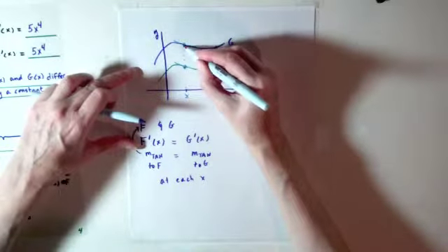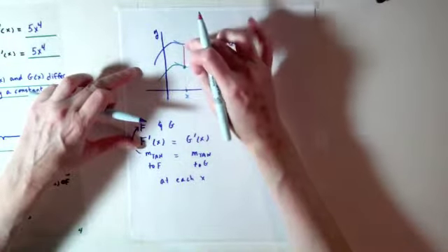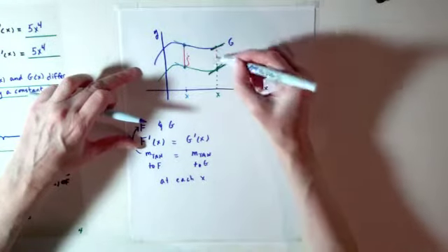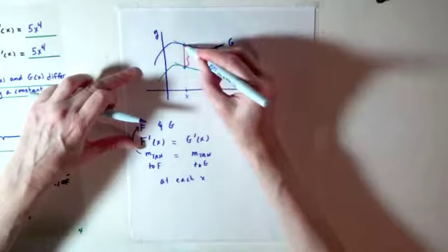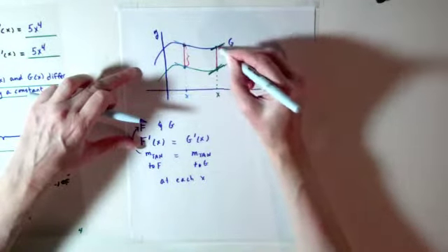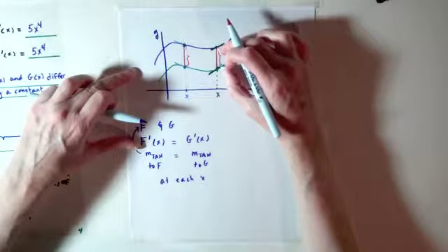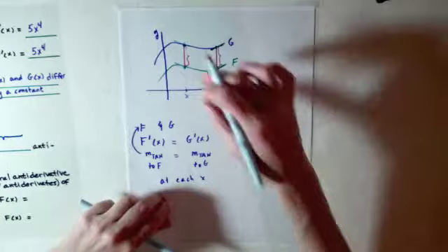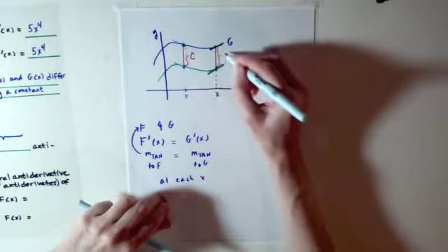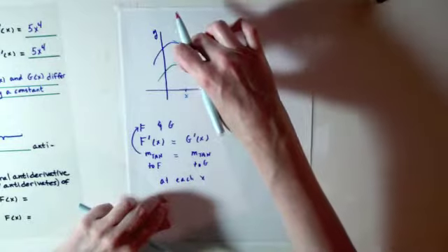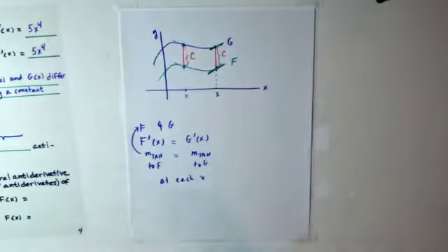Well, the distance between those two functions, the vertical distance, the difference in their output values, is exactly the same. So this distance between the purple and the green graph is equal to this distance between the purple and the green graph. And so the two functions differ, we say, by some constant, which we are calling capital C. The vertical distance between the two curves at every point is a constant value.